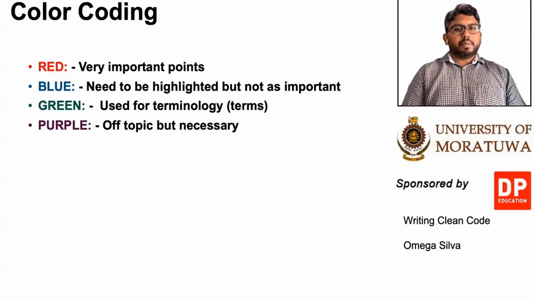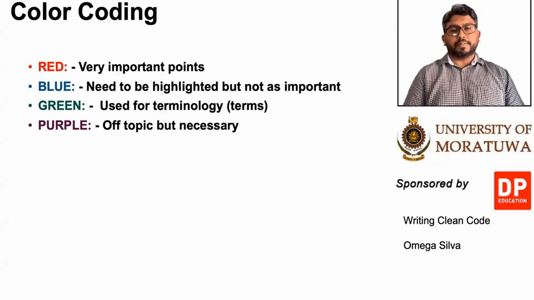Before we dive into our course content, let's spend a moment understanding the color coding that we have used in this presentation. If you see red color text, that means it's very important, so pay your fullest attention. Blue color text is also important, so don't miss out on them as well.